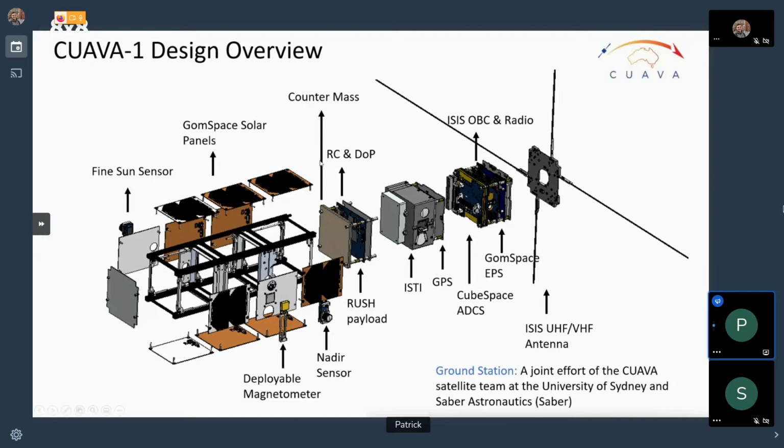And all our external solar cells are also commercial off the shelf, and we're actually missing one because we had a supply issue there. Yes, and for the ground station, it's a joint effort with our partner Sabre to get the communication with our satellite that's in space to run.